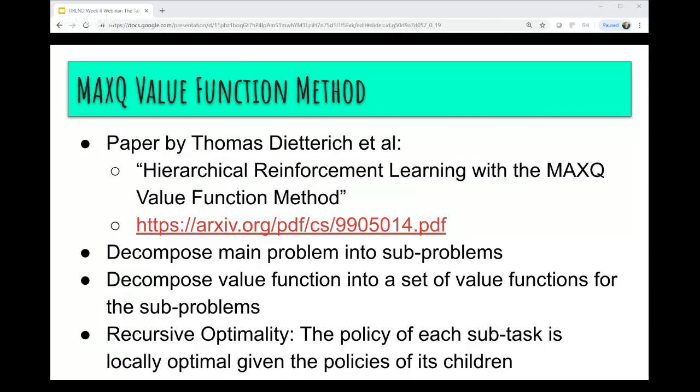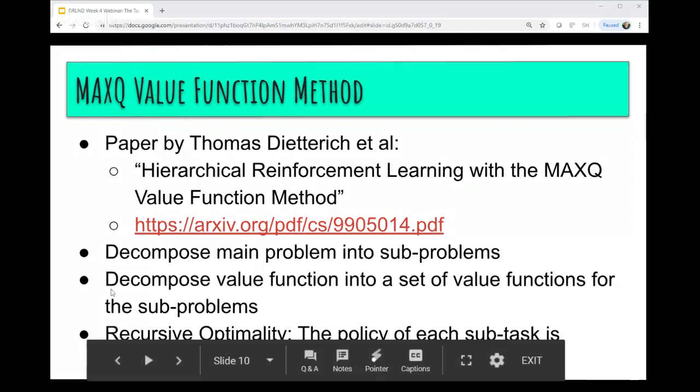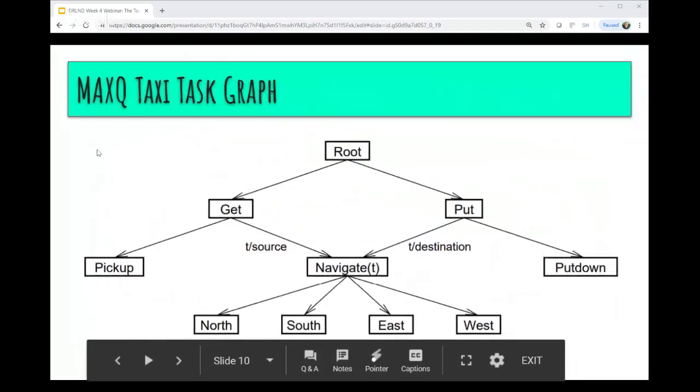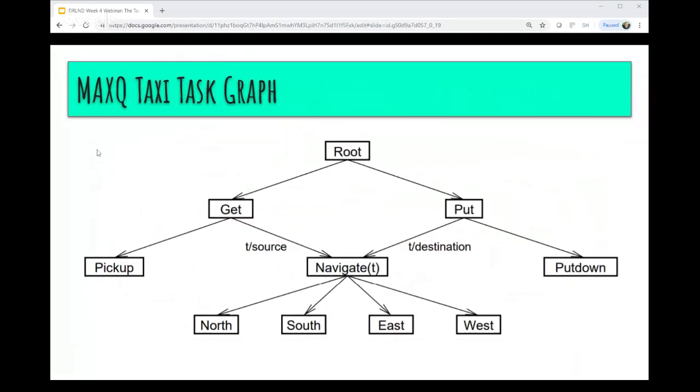So the children's subtasks are solving some subproblems. Given the state of those children tasks, every policy for each subtask is optimal within that context. So with that, let's take a look at the task graph.